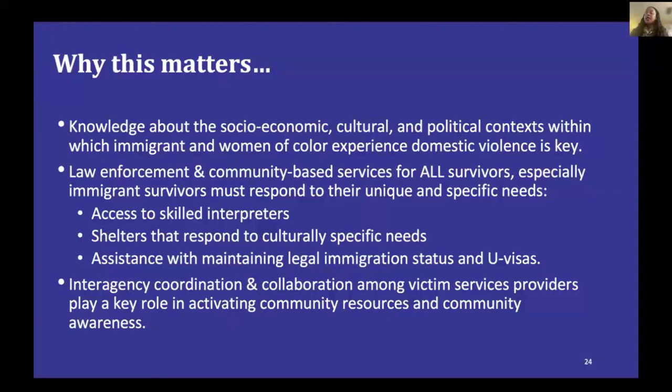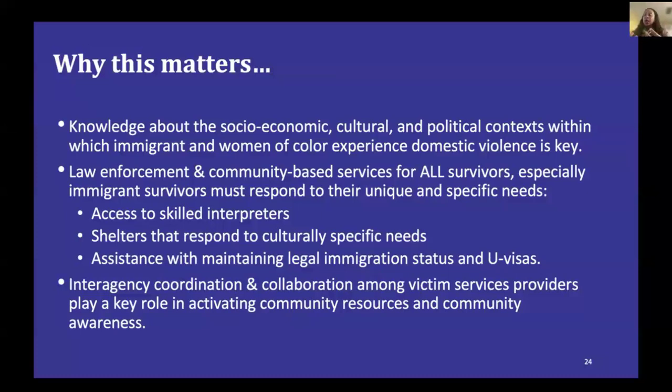Interagency coordination and collaboration among victim service providers are key, and they play a key role in activating community resources and awareness. So while you might think it is your client that you're representing, ultimately there are other systems that are involved and many times are interconnected or should be interconnected.